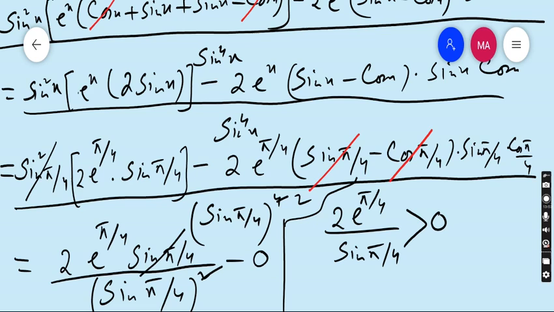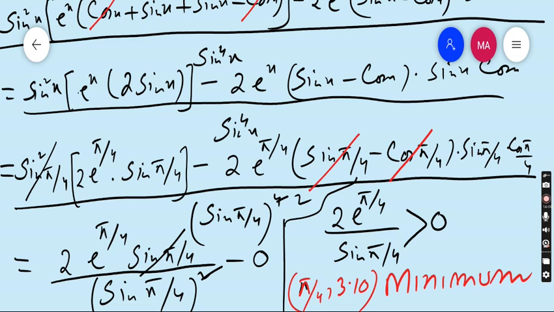Therefore your stationary point pi by 4 comma 3.10 is a minimum. So hope you enjoy this part, little bit lengthy but very easy. Move to part E.